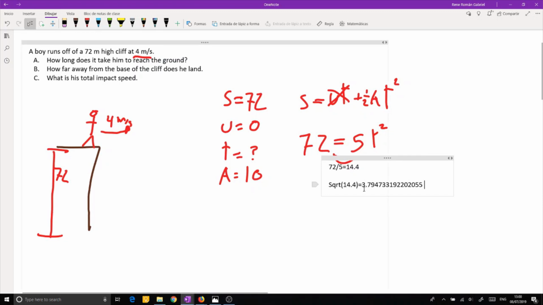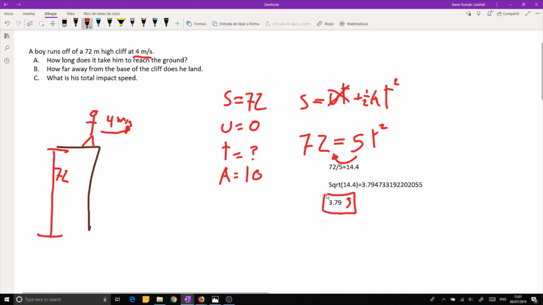That would give us this long number, which we can cut off. And so that would be our time. So we put an S in for seconds, and then we put it in a box. So yeah, it's 3.79 seconds.